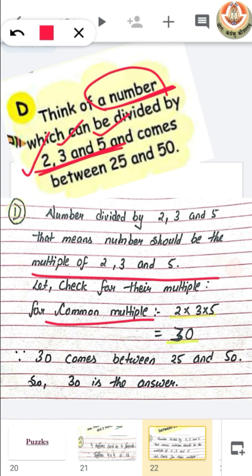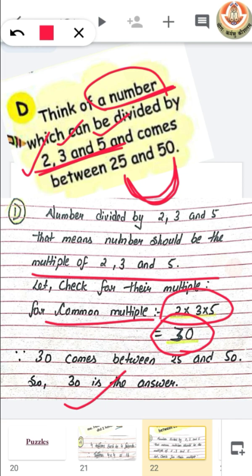So for this we will find the common multiple by multiplying these three numbers, and after multiplying them we get 30. And we also know that 30 comes in between 25 and 50, so 30 is our answer.